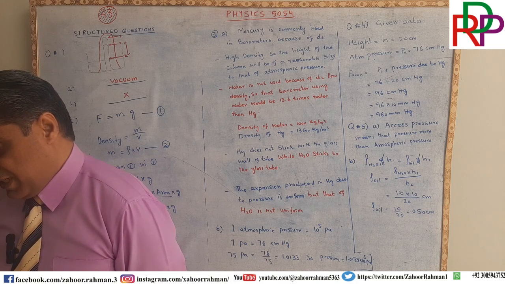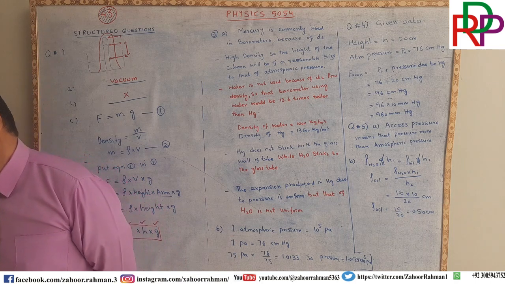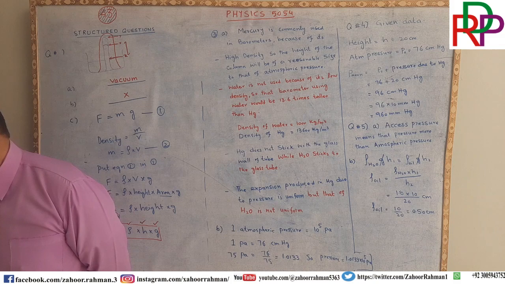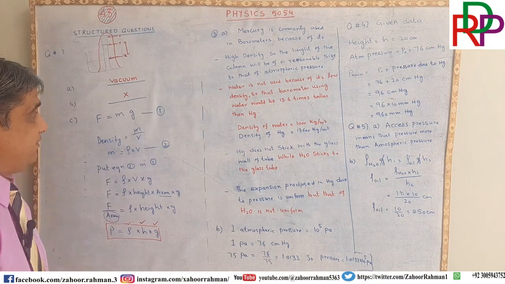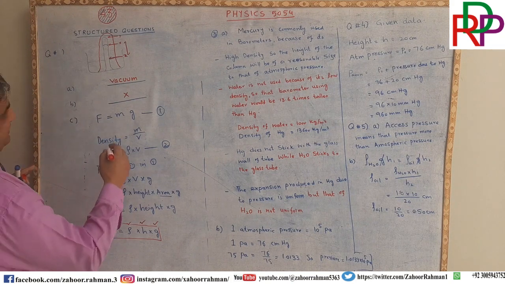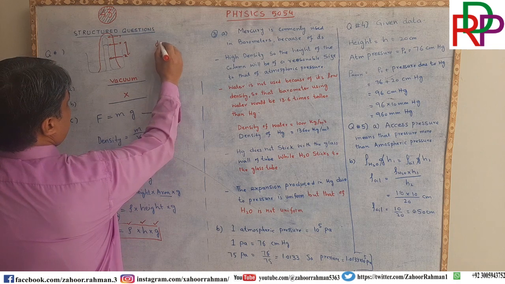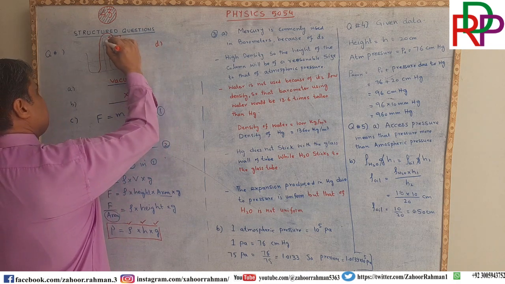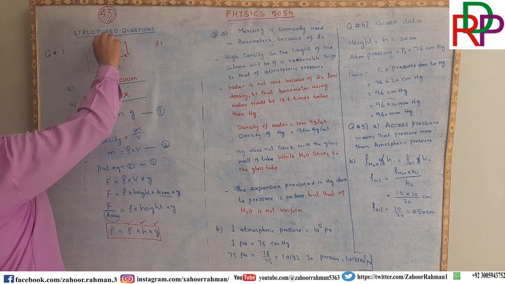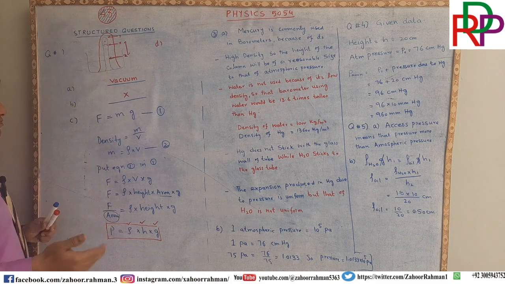Part D: describe what you would expect if a little alcohol is introduced in the region between X and Y. The question is saying that if a small droplet of alcohol is introduced in this vacuum, what will you expect.